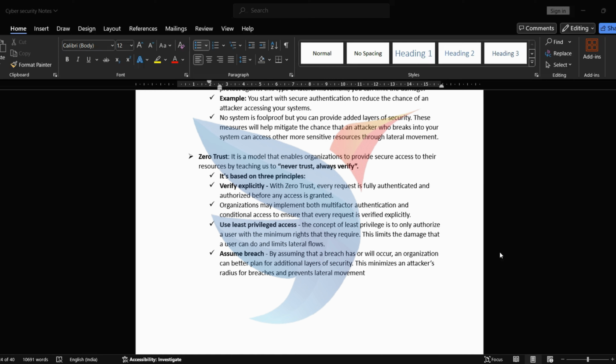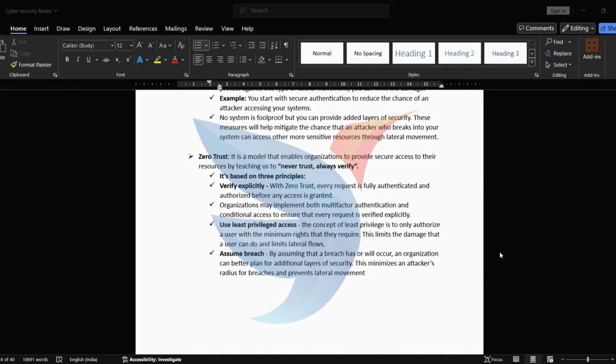Let's see the other type of security technique, zero trust. Zero trust is a model that enables organizations to provide secure access to their resources by teaching us: never trust, always verify. It is based on three principles: verify explicitly, use least privileged access, and assume breach.